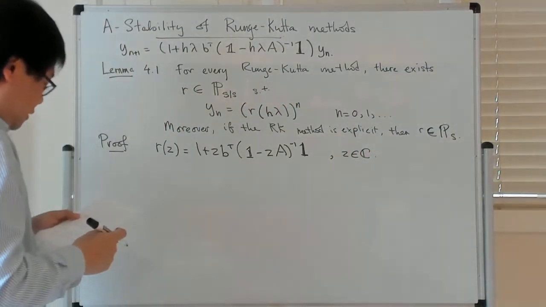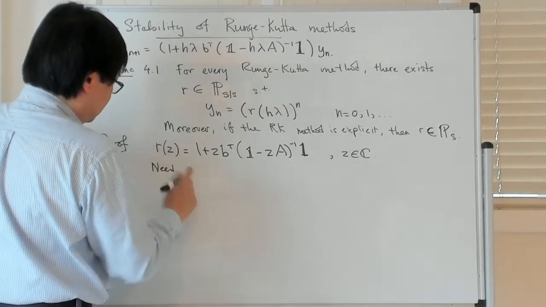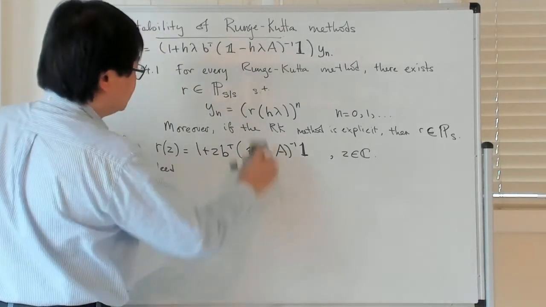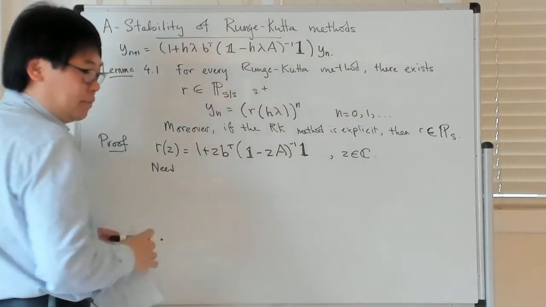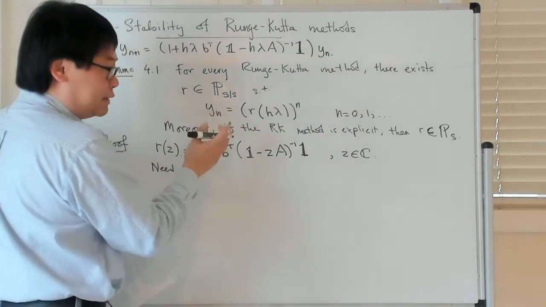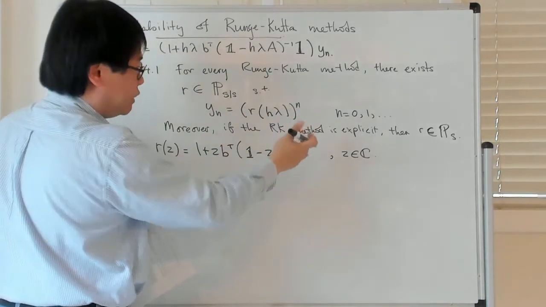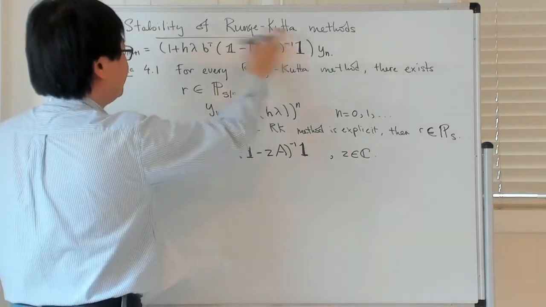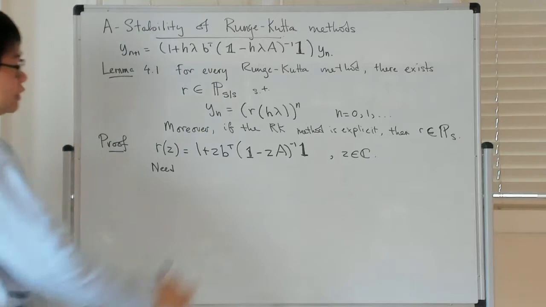All right, so it remains to check. I should also say that the reason you just have this is because, if you recall, in the model problem we looked at, y at time 0 is just 1, so y0 is 1, and when you have a recurrence like this, you just get this rational function to the nth power.